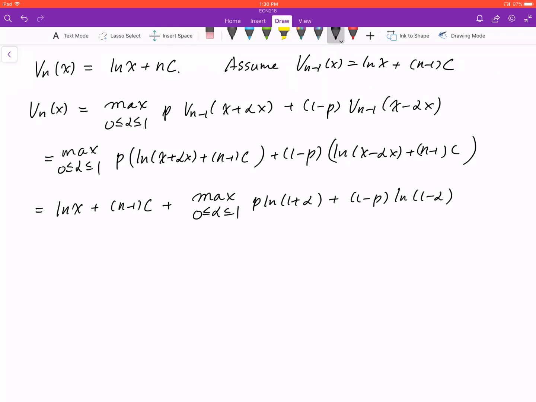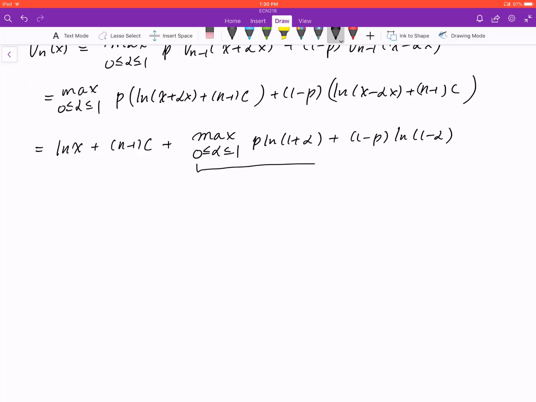And this last part is equal to the same c, which, if we remember, is p log 2p plus (1 minus p) log(2 minus 2p), because we have exactly the same alpha star, which is 2p minus 1.